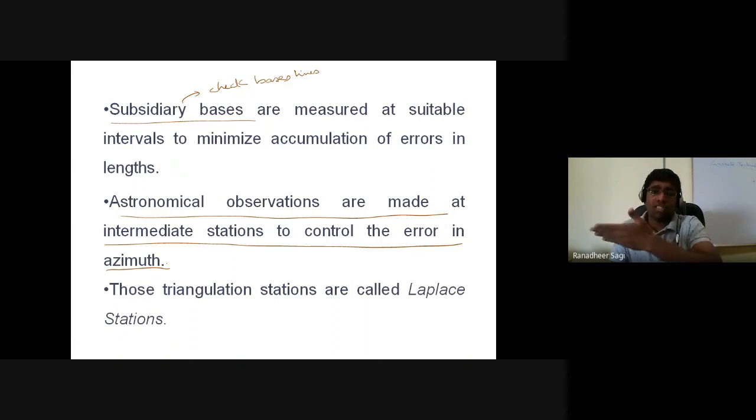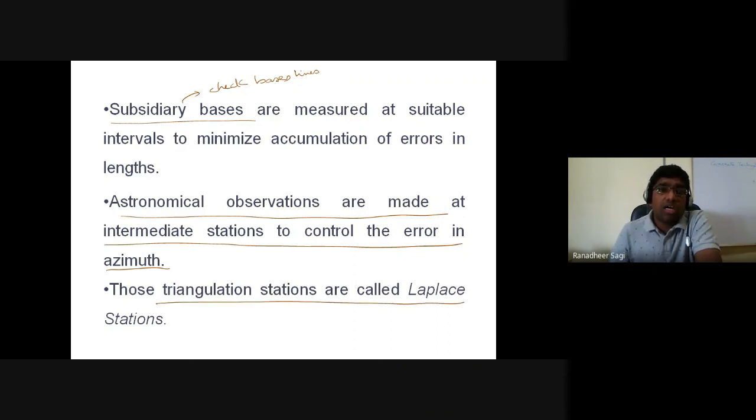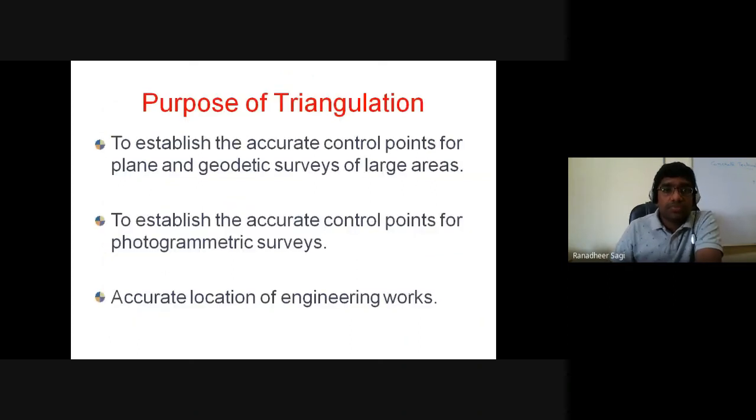From the magnetic north, we measure the bearings of some lines in that control network to understand how much deviation there is in your represented control network in the preparation of your map. And that triangulation station with respect to which you are measuring the bearing of any line is what is called the Laplace station.